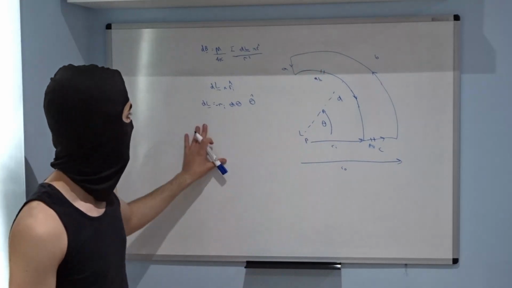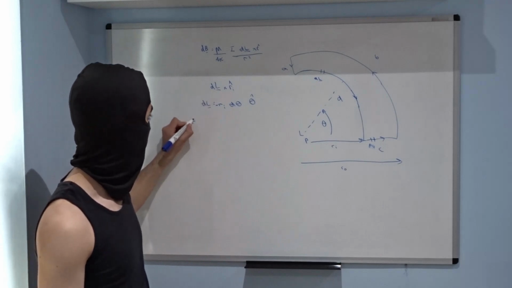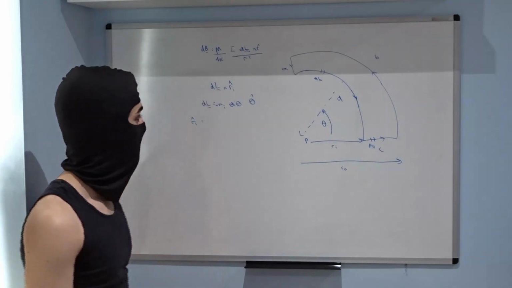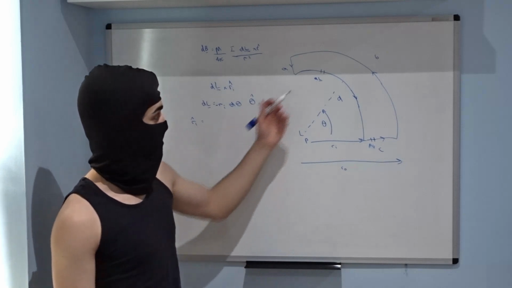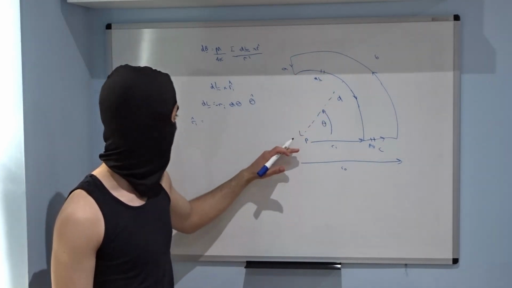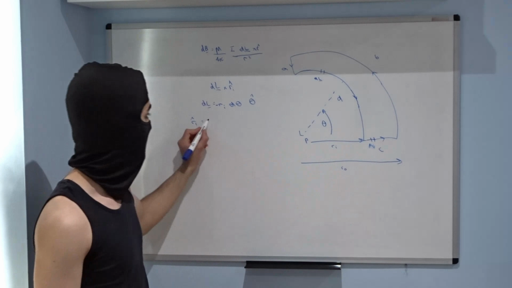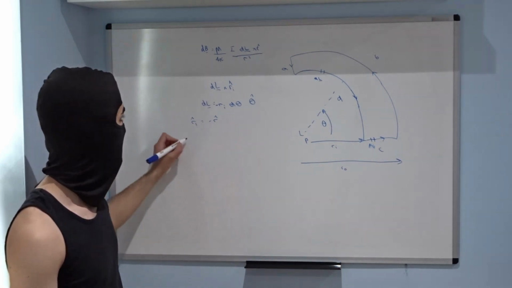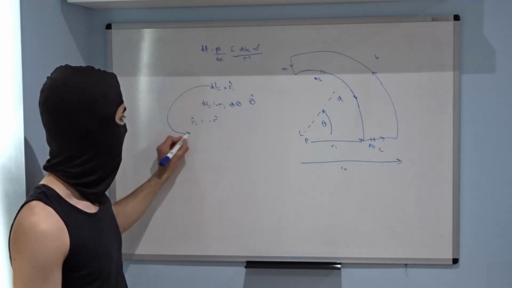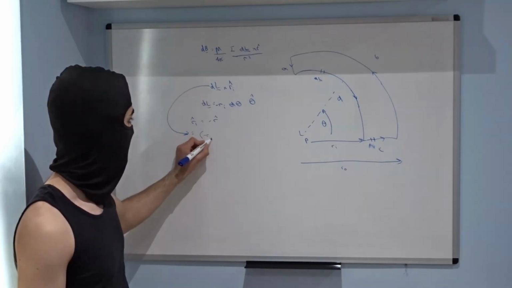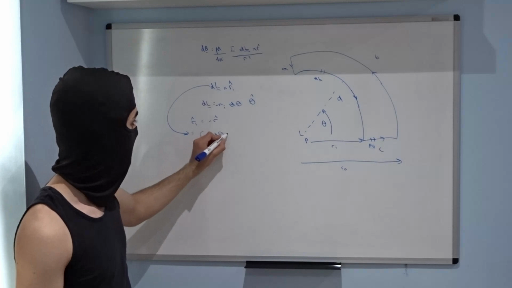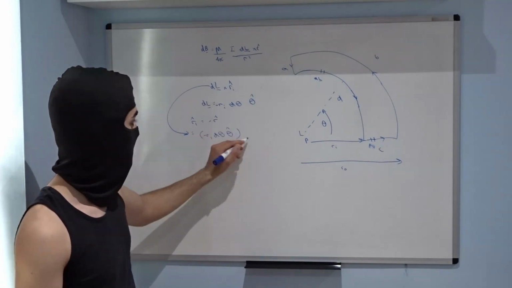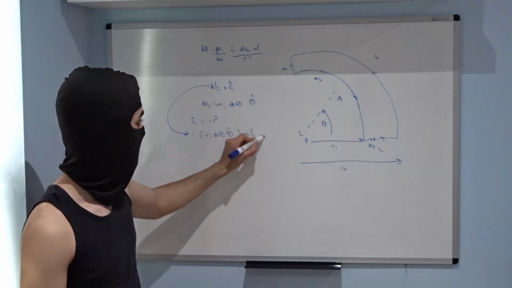Okay. And for Ri hat, we said that R hat is pointing towards P. We know that Ri is pointing away from P, so it's going to be minus R hat. Let's put these two together. It's going to equal minus Ri d theta theta hat cross with minus R hat.